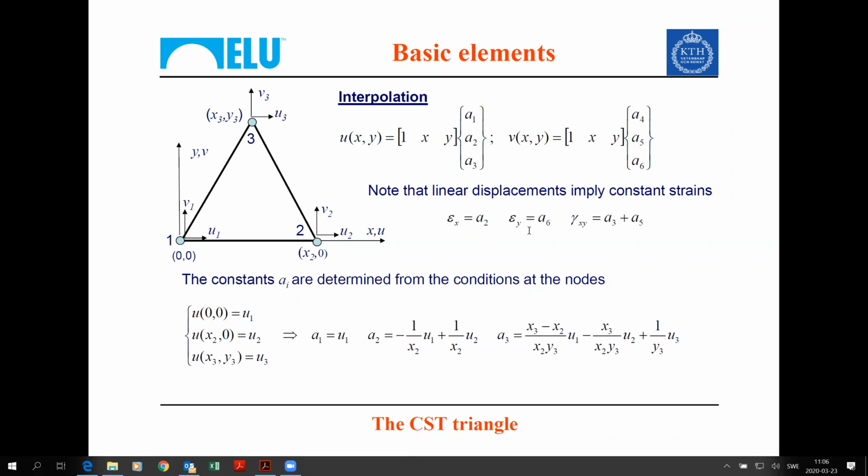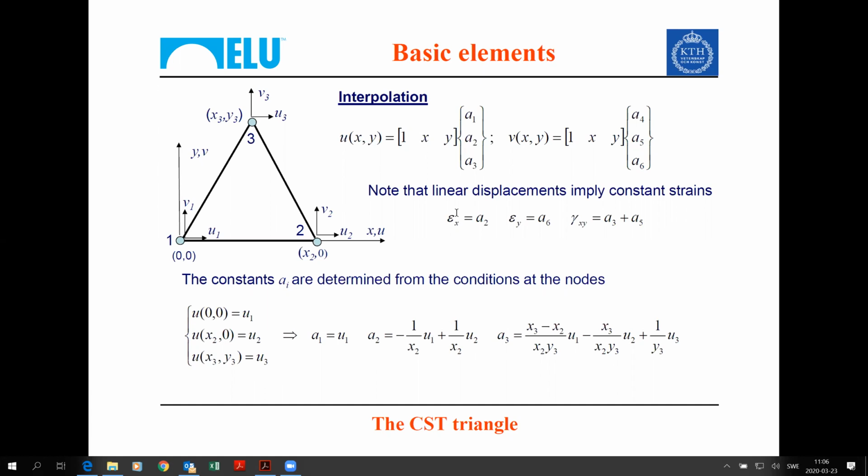Epsilon y is dv dy, so epsilon y will be equal to A6. And gamma xy is du dy plus dv dx, which actually means A3 plus A5. These are how the strains look like.